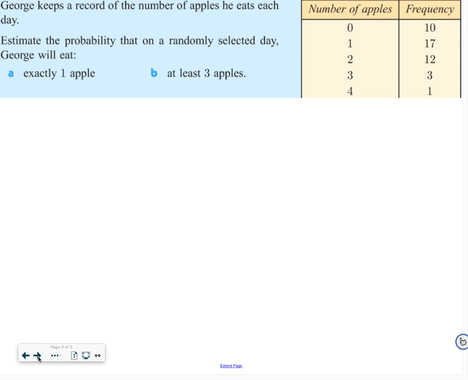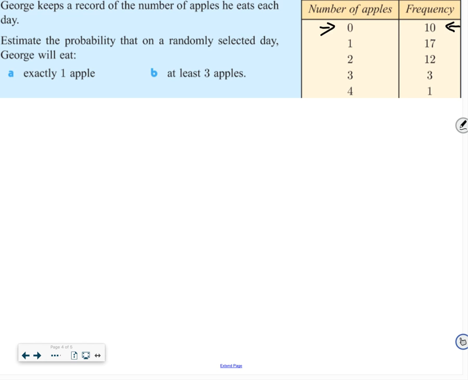Sometimes we're given sets of data and want to answer similar questions. Here is a list. George loves apples. He eats them pretty much every day, and he collects some data on how many apples he eats. The frequency is how many days he ate a given number of apples.